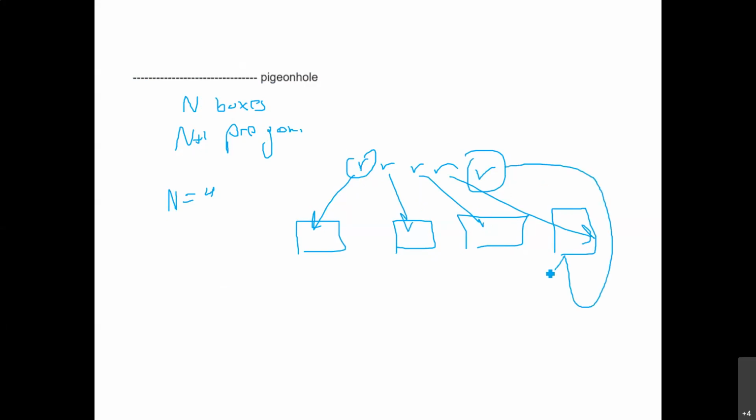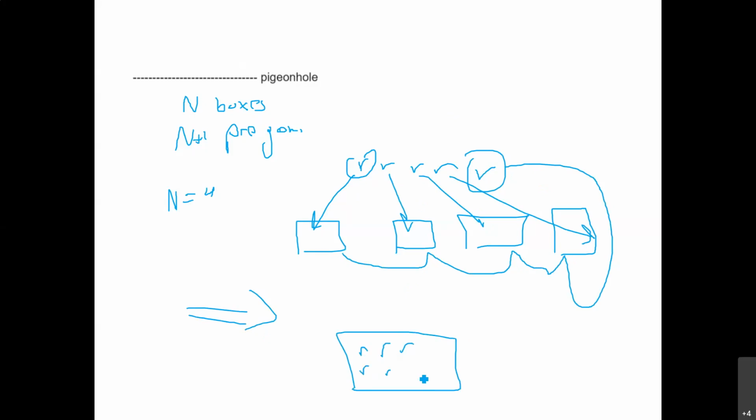So I have to choose one of these possibilities, which gives me the definition of pigeonhole: at least one box is going to have 2 birds. You could place them all in the same box and leave those other 3 empty. That's also fine. The definition still works: at least one box has 2 pigeons. It just happens in this case you have a lot more. You have 5 pigeons.